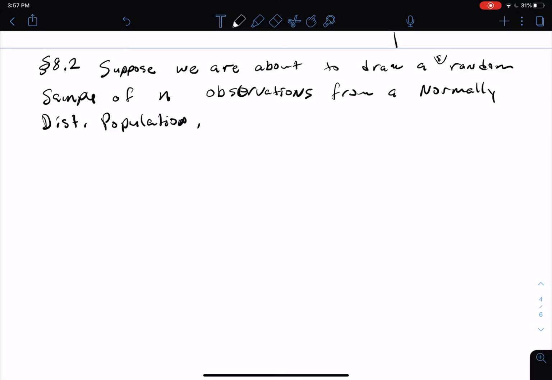Okay, so in this situation, we would use z-scores. We'd have our sample mean minus our population mean divided by the standard deviation of these sample means. And just to highlight, here's the numerator again.